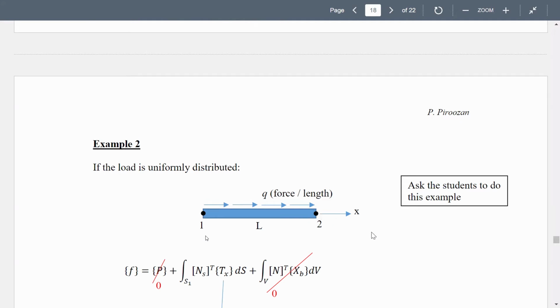Very practical and very important. That's the goal for this uniformly distributed load. What are the equivalent forces at these nodes 1 and 2? Make a drawing of this one and write this formula down, so you are familiar with the terms involved here.